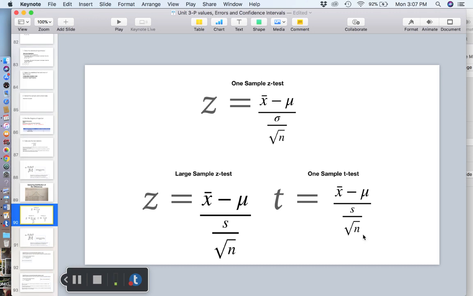And remember back to our sampling distribution of the mean conversation, we said that the standard errors are the values that fall along our x-axis. So essentially, it's our standard deviation for the sampling distribution of the mean. It tells us how far our sample mean is from the null hypothesized value in standard error units.